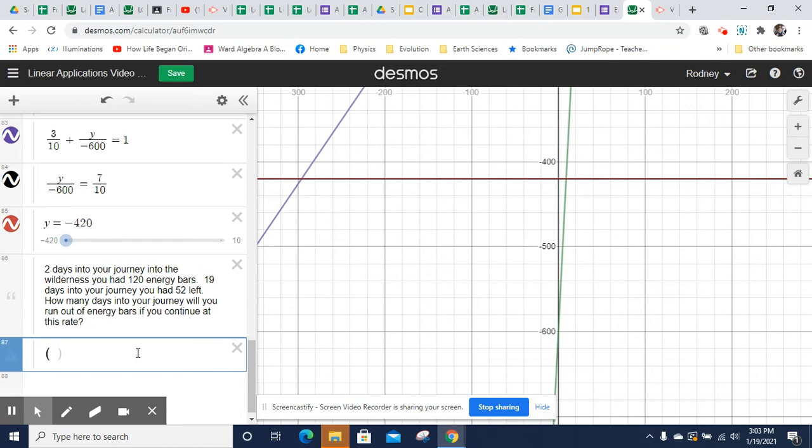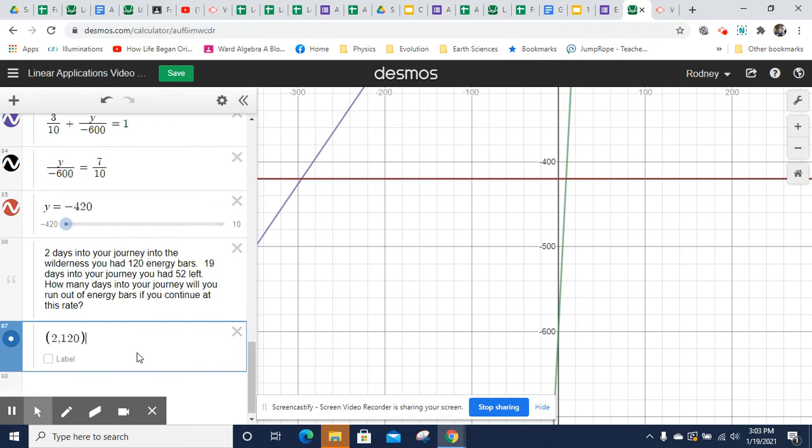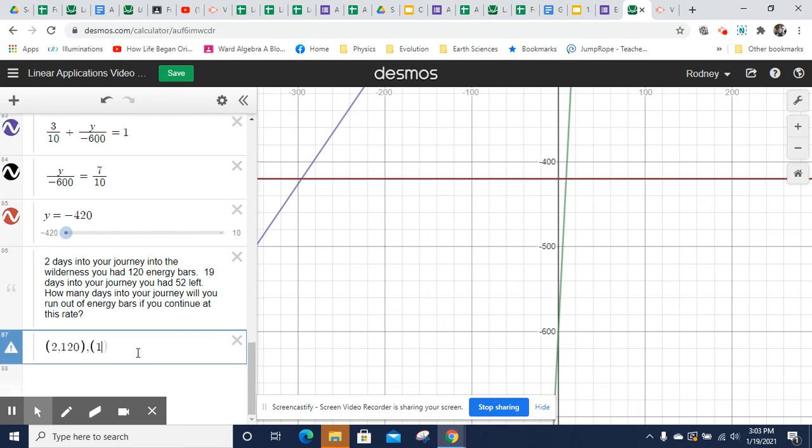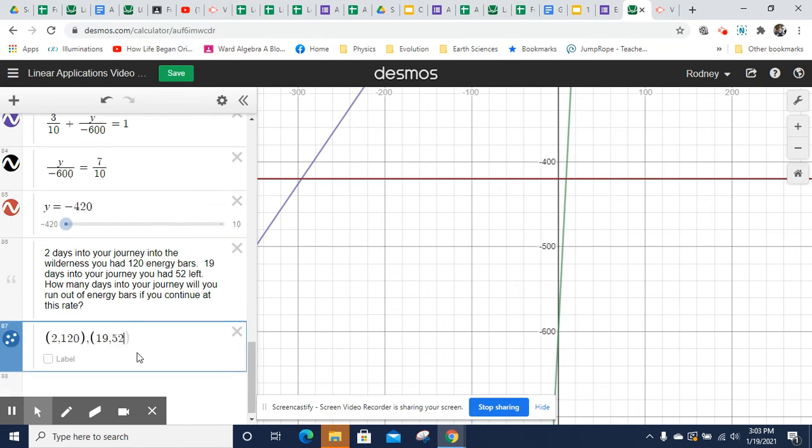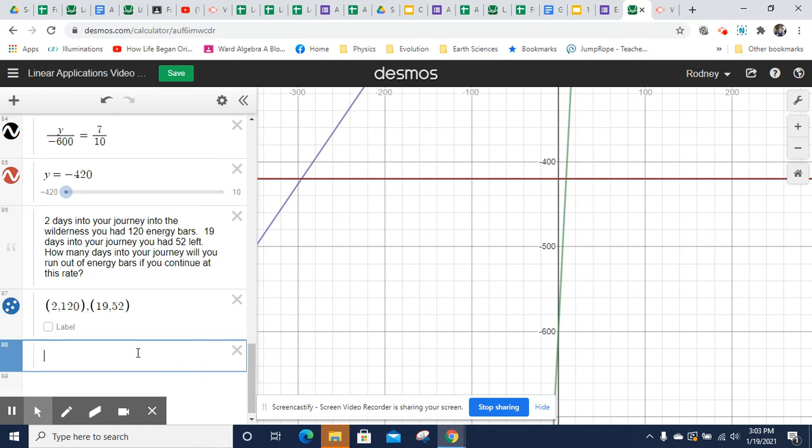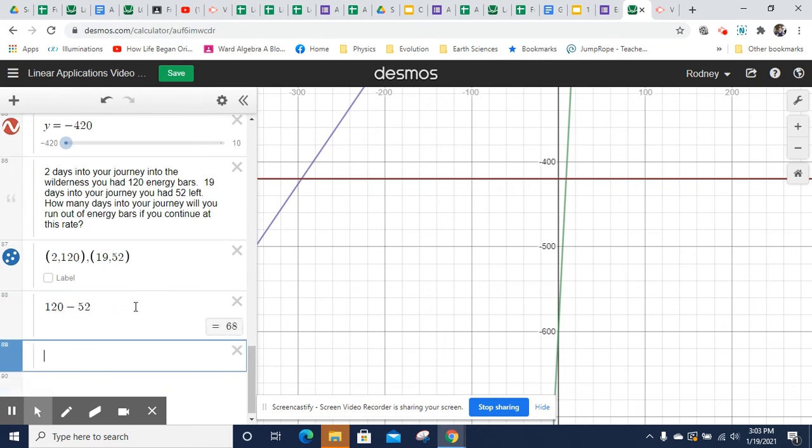So I know I've got the 2 points, (2, 120) and (19, 52). And those are my points. And I'm going to need to find the slope for those 2 points. So I'll do 120 minus 52. That's my numerator.